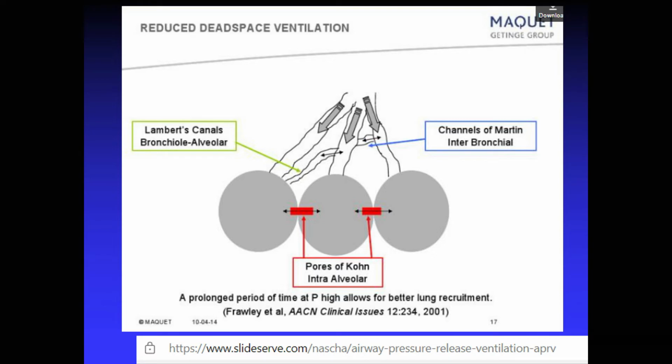And with this enhanced alveolar recruitment, you obviously have beneficial effects on oxygenation, but it also provides a greater number of functional alveoli for ventilation as well. And so, as that P high is applied over an interval of time, you get not just significant improvements in oxygenation, but also better clearance of carbon dioxide.